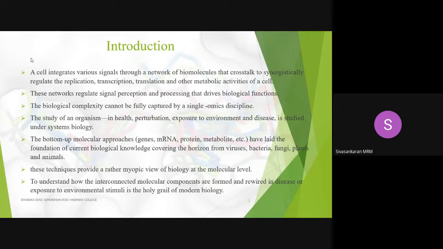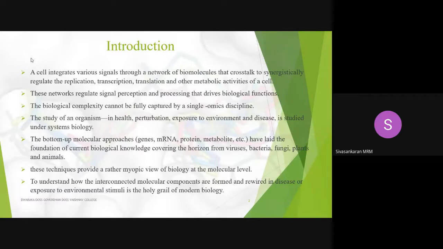The biological complexity cannot be fully captured by a single omic discipline, because we need the integration of different types of bioinformatics tools as well as different disciplines like mathematics. The three-dimensional structure of proteins is very much required for the 3D simulation as well as for the docking. So a lot of statistical data as well as databases is very important for analyzing the particular proteins involved in disease.